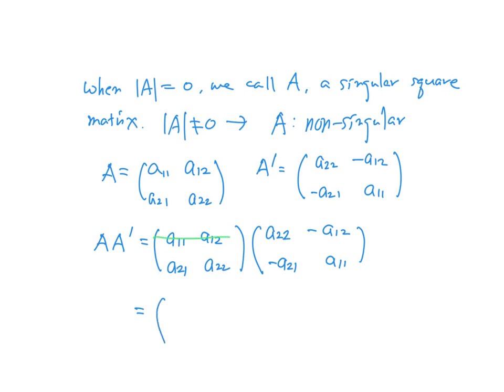You just need to multiply them together. So this is A11, A22 minus A12, A21, right? Second element, A11, A12 minus A12, A11.